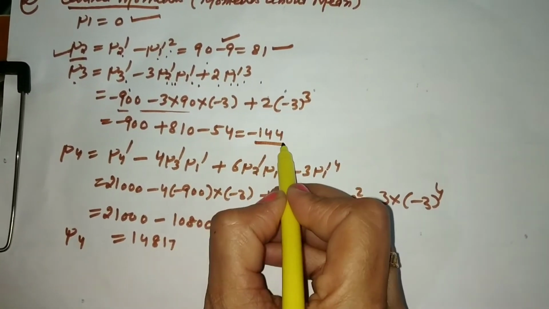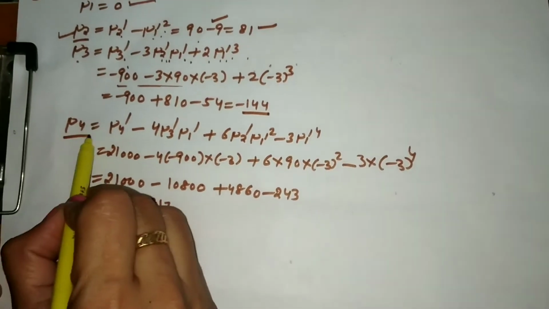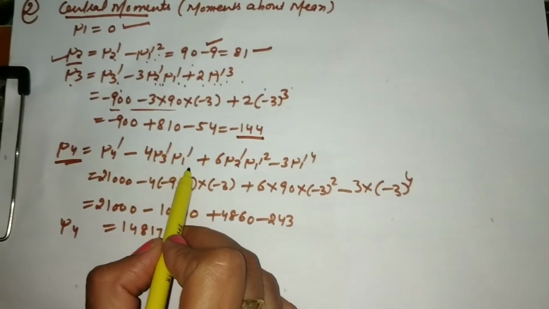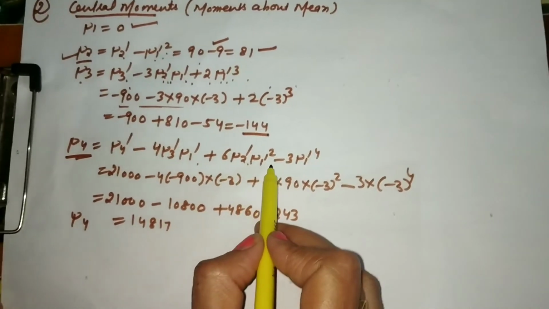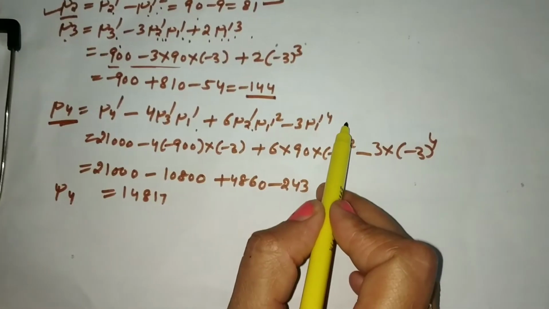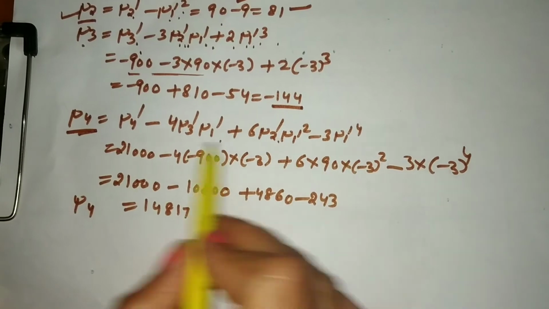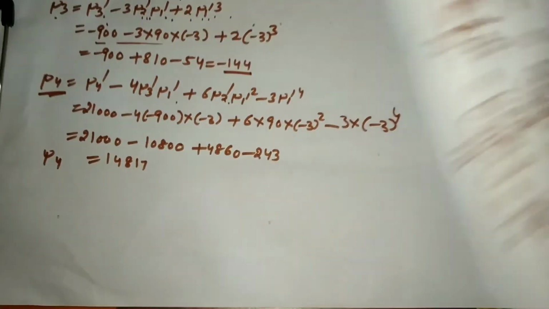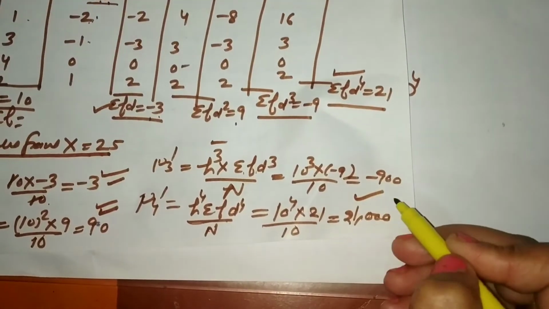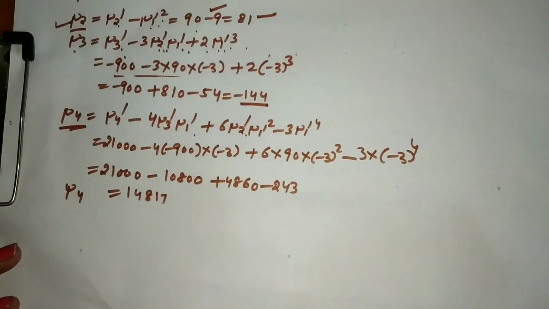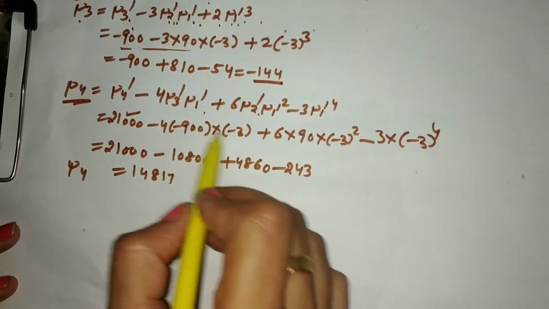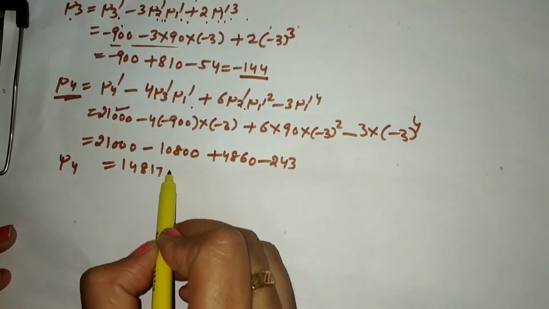I am getting minus 144. Then mu4 is mu4 dash minus 4 mu3 dash mu1 dash plus 6 mu2 dash mu1 dash square minus 3 mu1 dash power 4. All the values I have already calculated. Mu4 dash is 21,000. I put the value of mu4 dash, and mu3 dash and mu1 dash are also there, so I put all the values. After simplification I got this one.